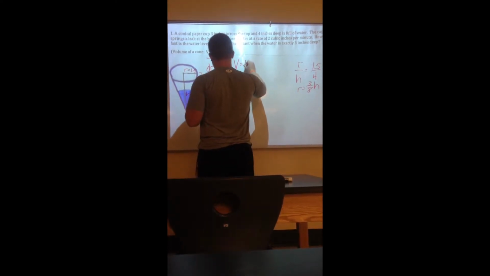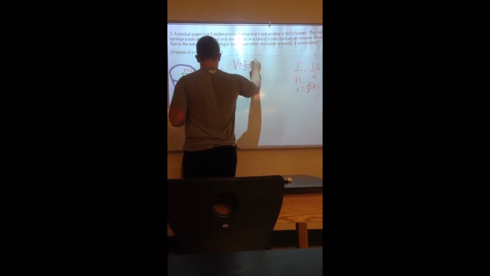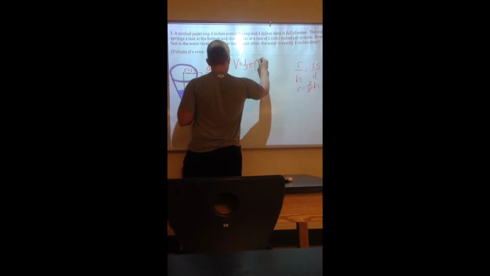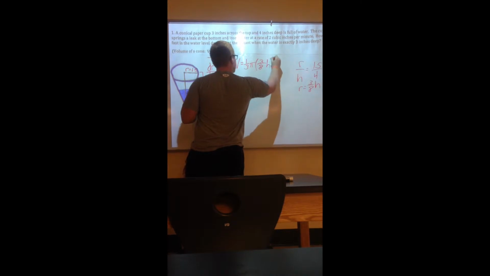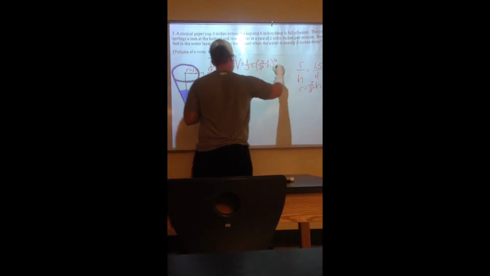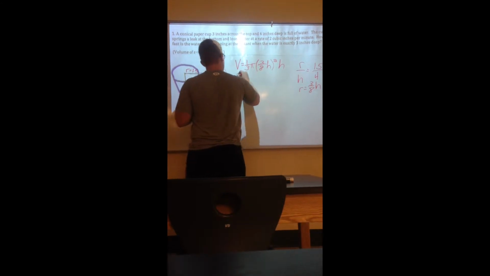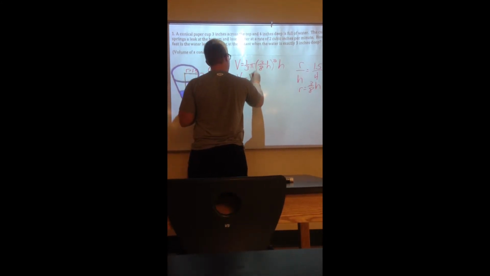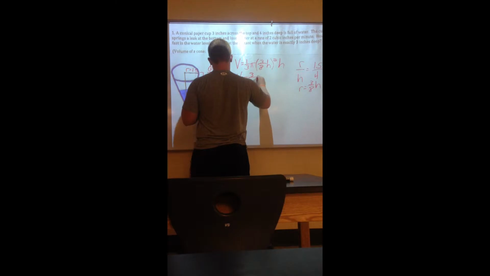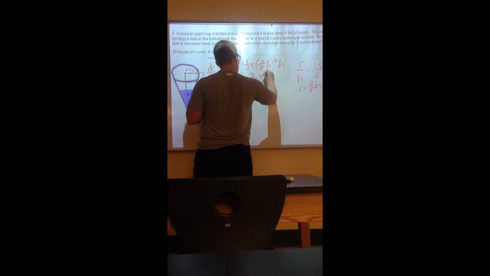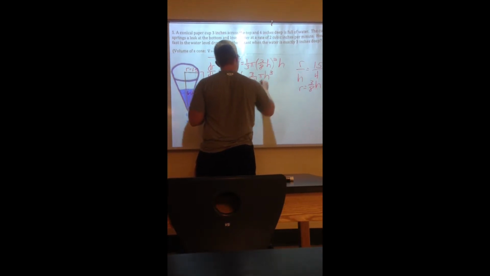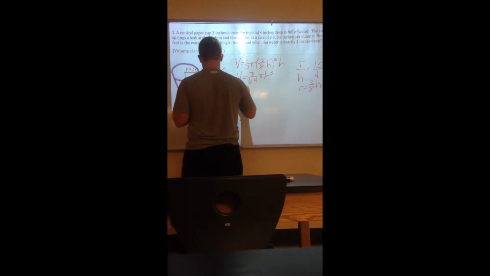V equals 1/3 pi times 3/8 h squared times our height again. So we just simplify that.